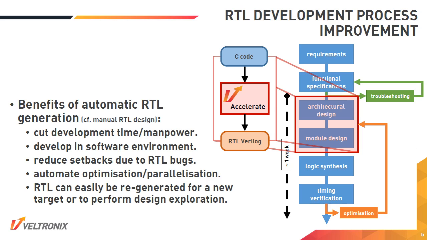The output of the design stages is synthesizable RTL for a hardware accelerator, which may be in Verilog, VHDL, or some other format. The RTL goes through logic synthesis, which is followed by timing verification to check that the synthesized result satisfies target hardware timing requirements.